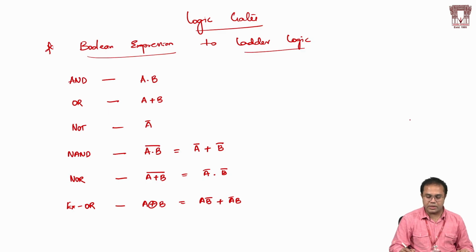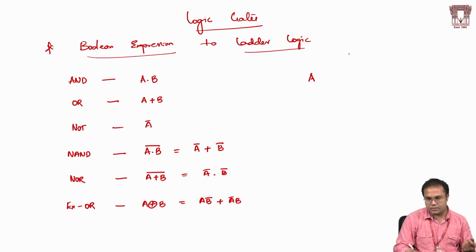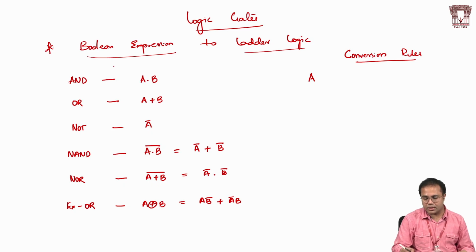So for that, you need to understand very simple things. I'm giving the rules, or thumb rules you can say, Boolean expression to ladder logic conversion rules.